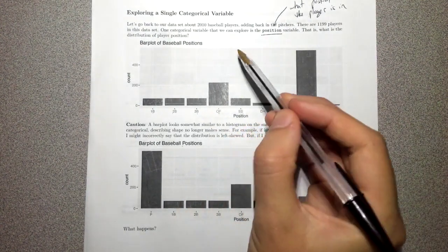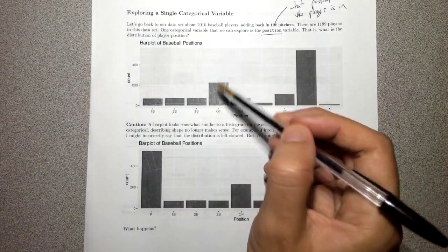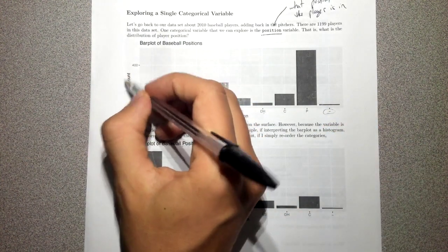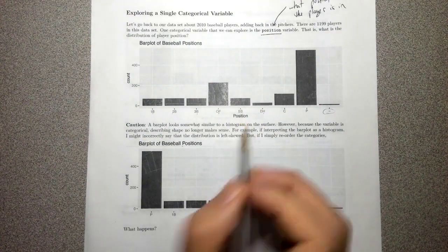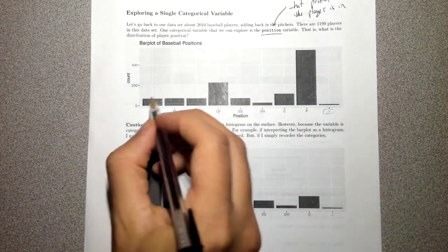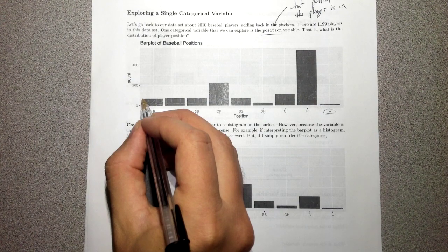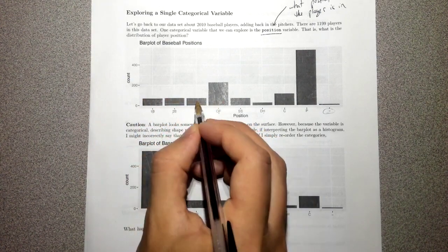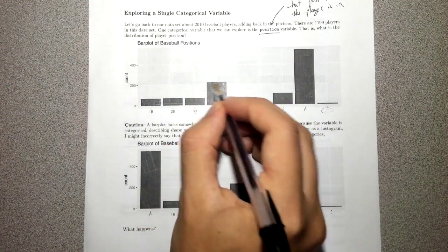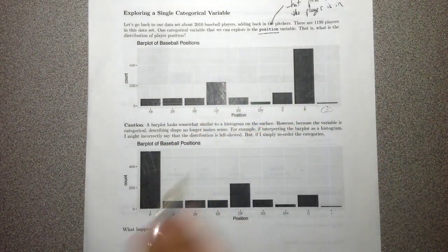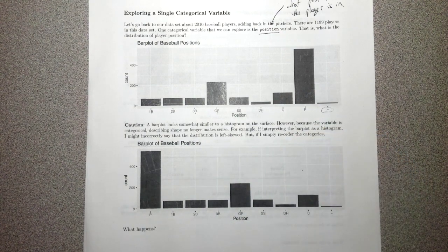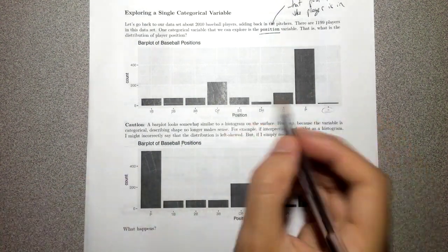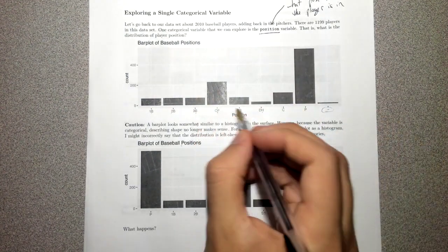The graph that we're using to visualize this is just a bar plot. It has a y-axis of count and an x-axis is our variable of interest. We can see that there are about 70 first basemen, about 70 second basemen, 70 third basemen, about 225 outfielders, etc. So all it does is let us see how many different players are in these different positions.